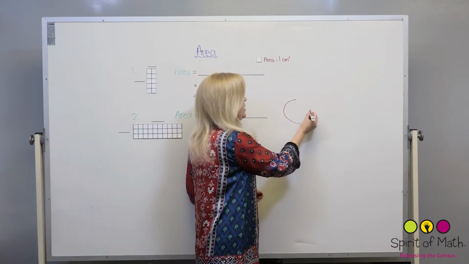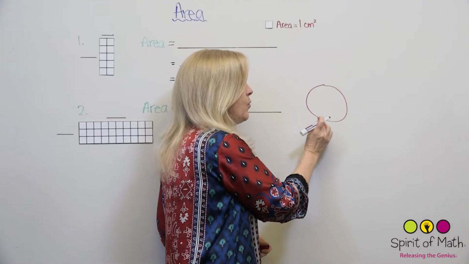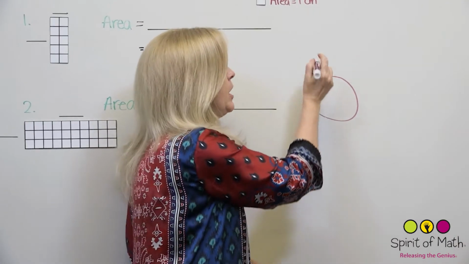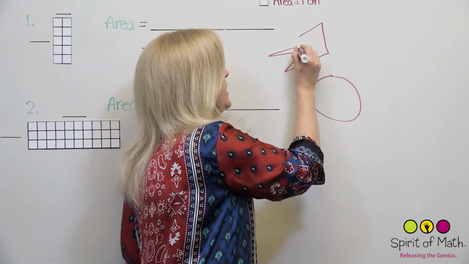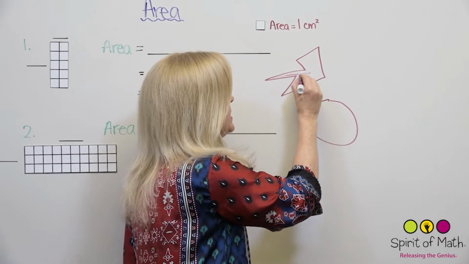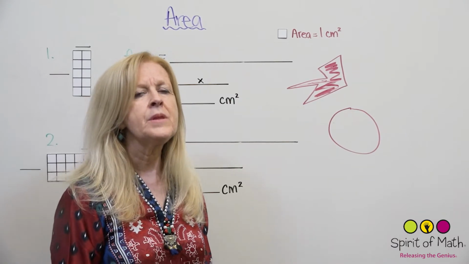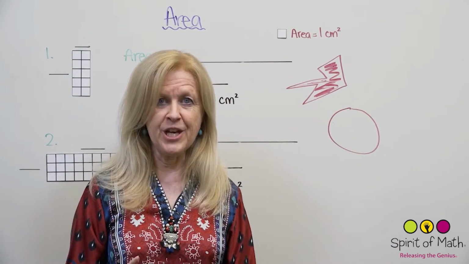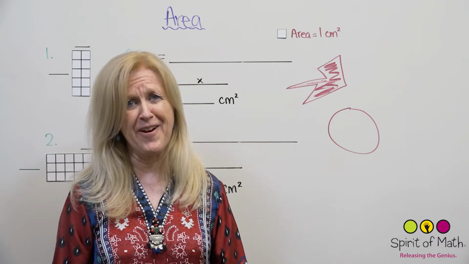This shape can also have an area because it's all the space in between whatever is on the boundary of the outside. You can have an area of something silly like this, okay? And that's all this space inside. That's called the area.